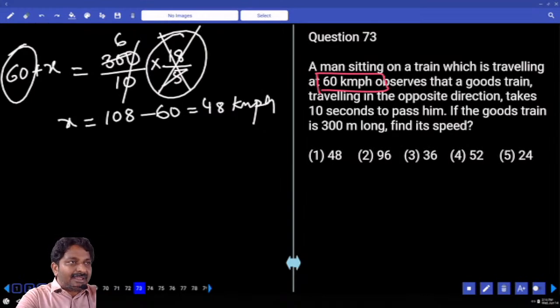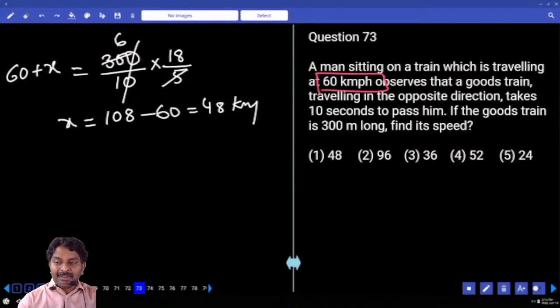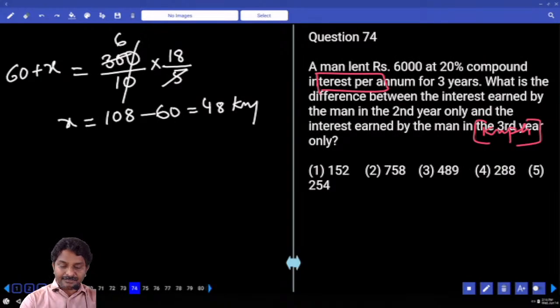Then our answer will be in meter per second. Right? So, to get more clarity, in the question they are supposed to mention speed in kilometer per hour. They should ask like that.